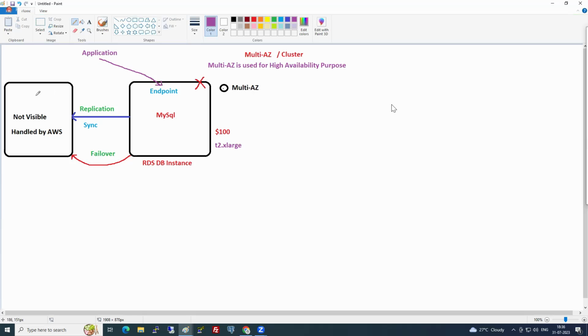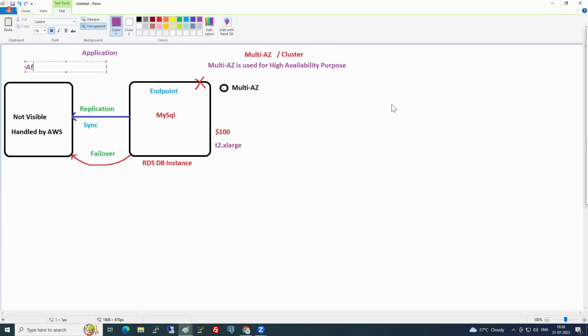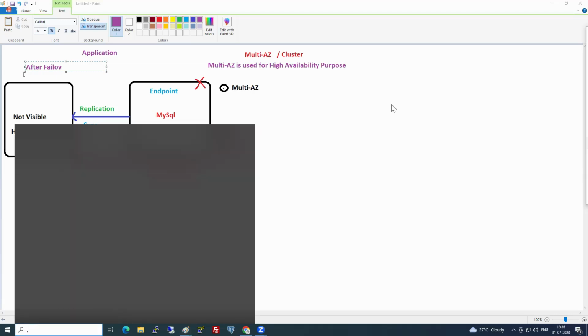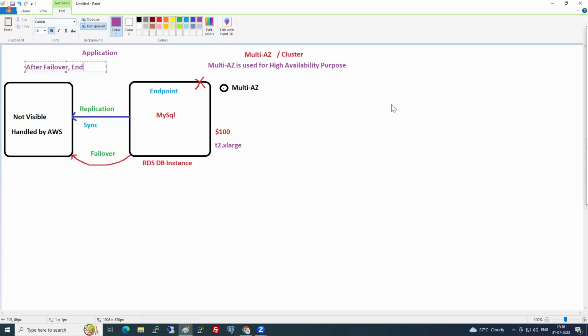If failover happens, will it have its own endpoint? No. In this failover, the endpoint doesn't change. The endpoint remains the same. Do you have any impact on the application? No. After failover, the endpoint remains the same.